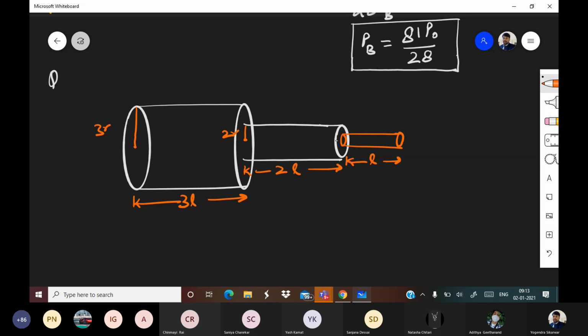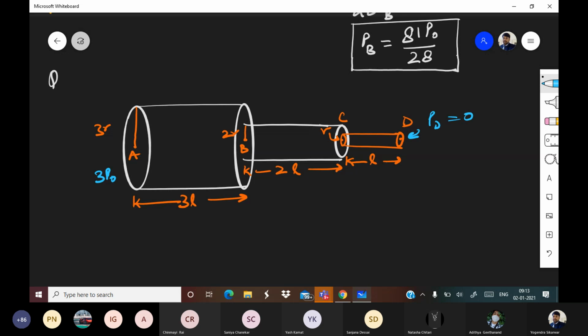This is 3L. This is 2L. This is L. This is 2R and this is R. This point is A, B, C, and D. Pressure at A, let me give it as 3P naught. Pressure at D is 0.